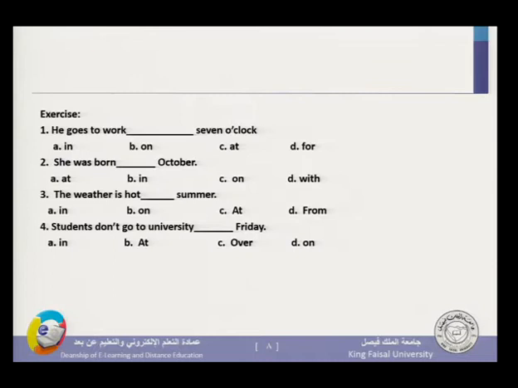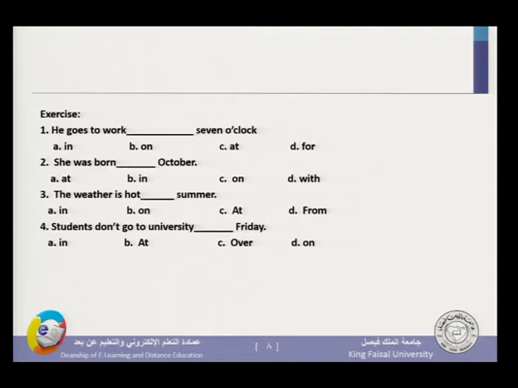Then we talked about the three prepositions on, at, and in, and I gave you examples of how on is used, for example, with days like on Saturday, on Friday, on Sunday. But if we are talking about a specific time, we say at, so we say at 7 o'clock, at 8 o'clock, and we use in if we're talking about years, in 1990, for example, or months, so we say in January, in February, and so on.